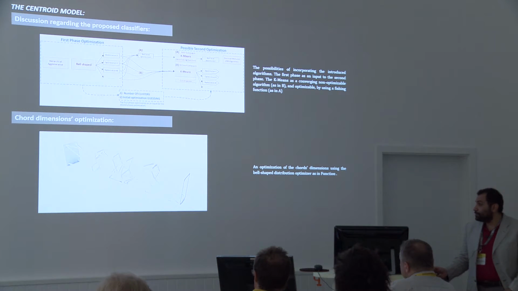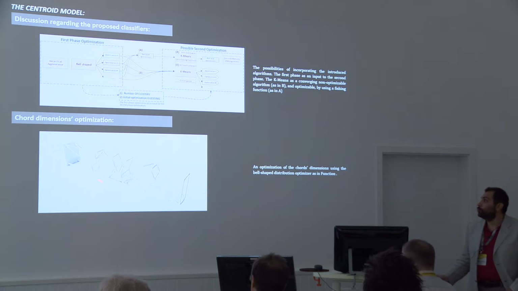The last step is to do a chord optimization. After we reach a form, all of these zones have their own points. These points will produce the optimal structure produced by Voronoi and Delaunay.